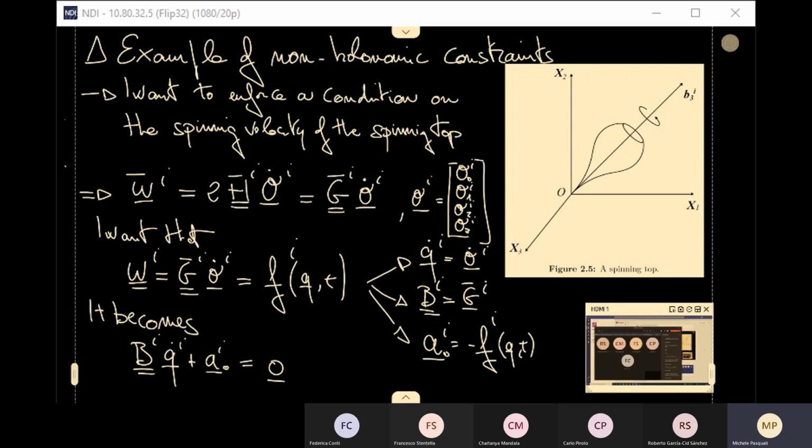So typically, non-holonomic constraints are those which involve rotations, conditions enforced on the rotations.